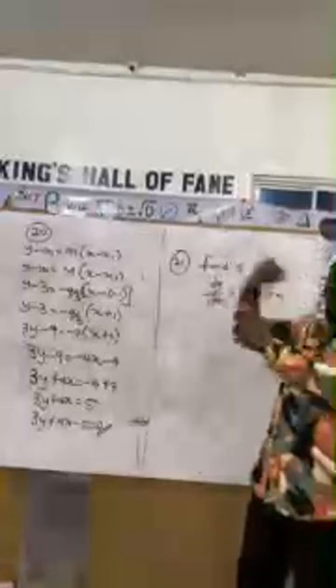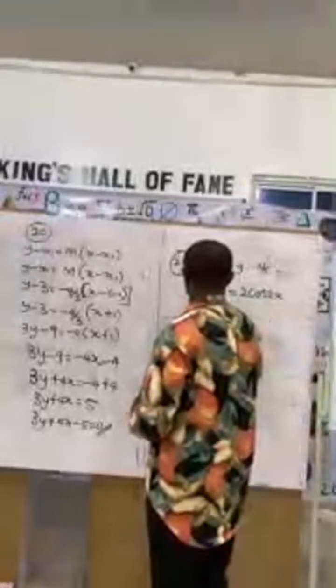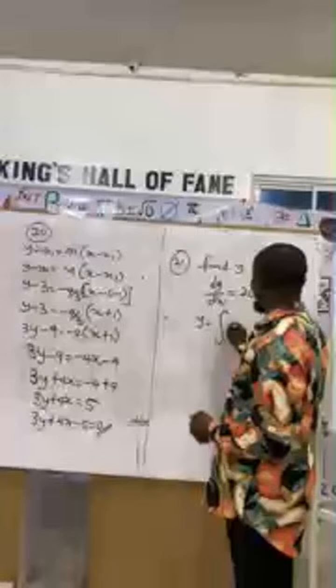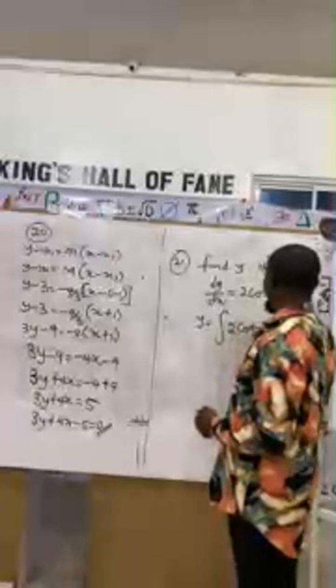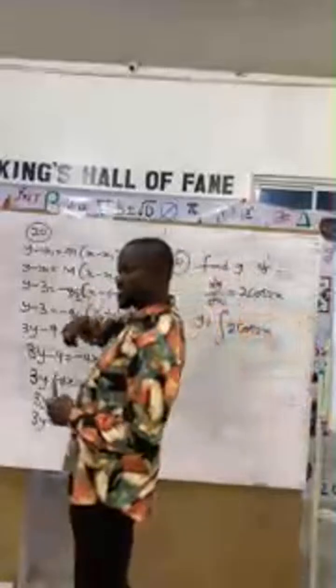But if the question was y, they say find dy over dx, you differentiate. So in this case, we are going to integrate to get the big y. So therefore my y will now be equals to the integral of 2 cos 2x. That integral sign means integrate.